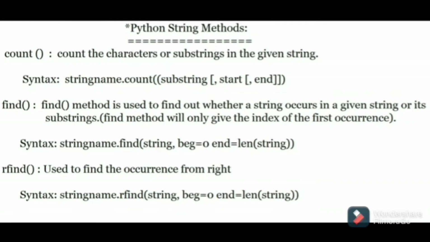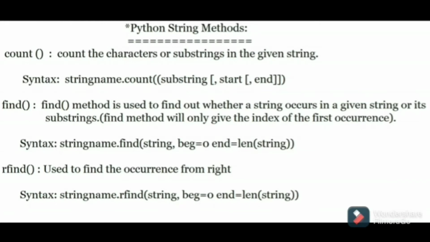In many situations we need to find the index of a substring in the given string. To do that, the find method can do the task. The find method is used to find whether a string occurs in a given string or its substrings. As I told you, a method is always assigned to an object property.